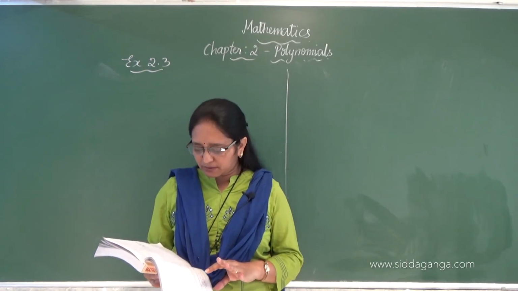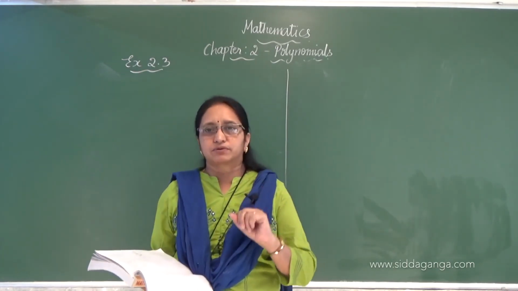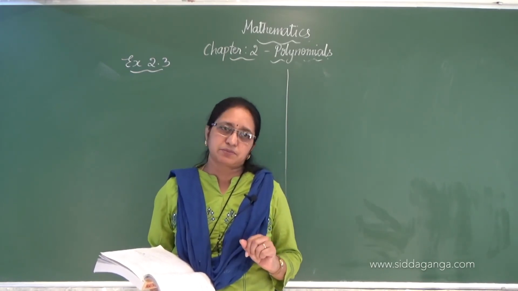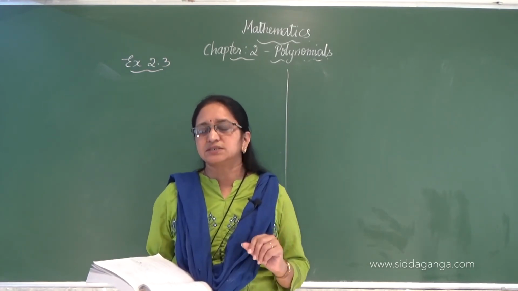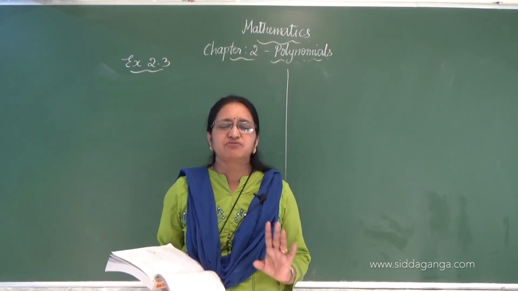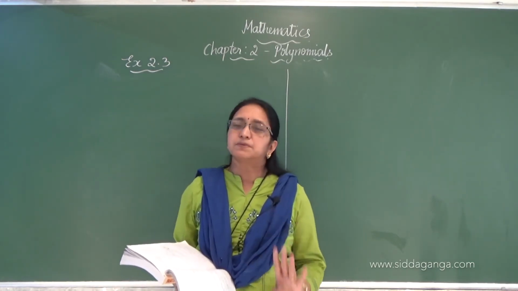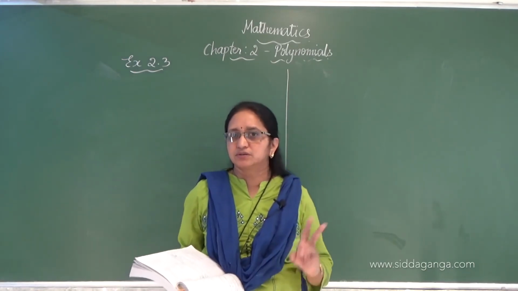For example, the polynomial is having degree 4, biquadratic polynomial. It is called a biquadratic polynomial. I told you at the beginning in the first class, degree 4 means the number of zeros will be 4. Suppose they have given 2 zeros and they have asked you to find out 2 more zeros.